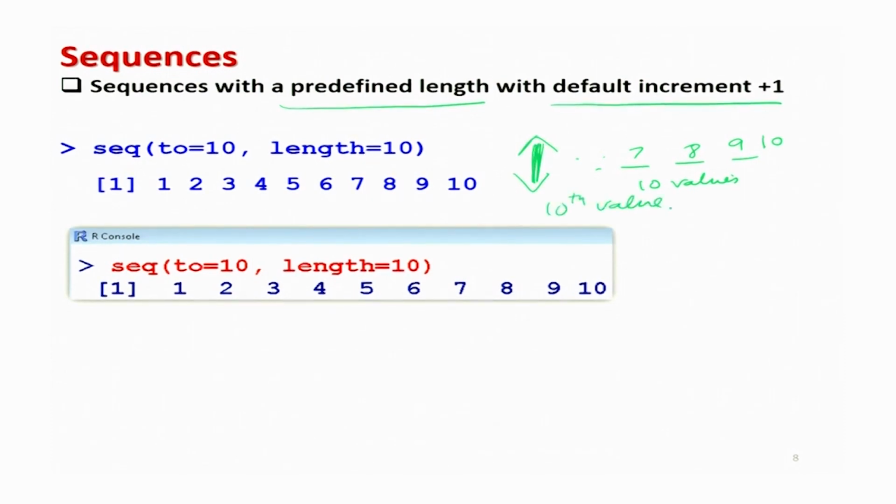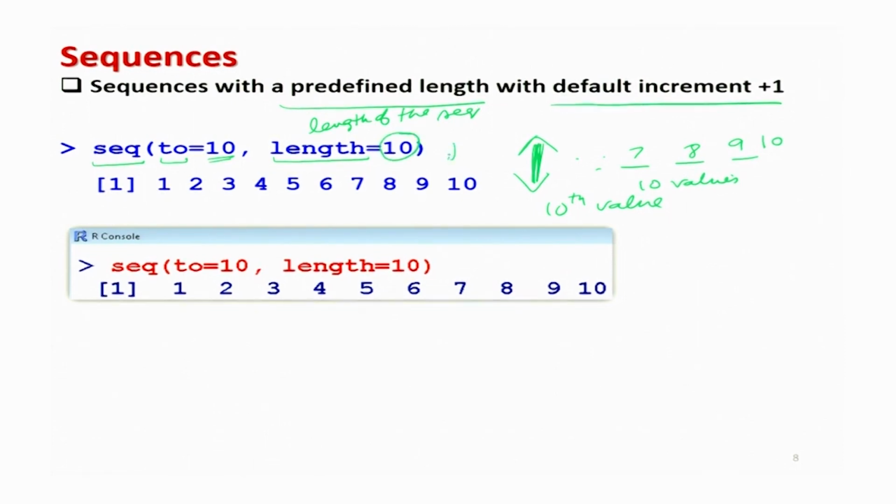Now without doing any manual calculation, you can generate this sequence in the R software by using the command seq, and inside the parenthesis you write to equal to 10 and then length, which is the number of elements you want in the sequence. So that is going to be 10.